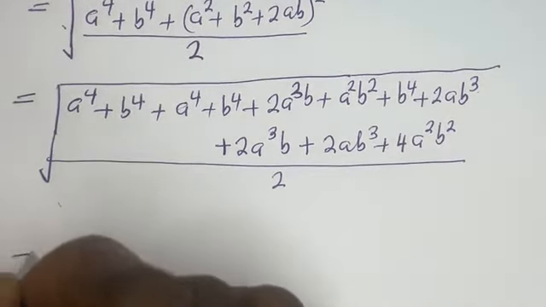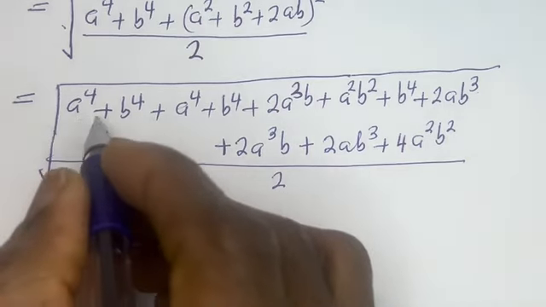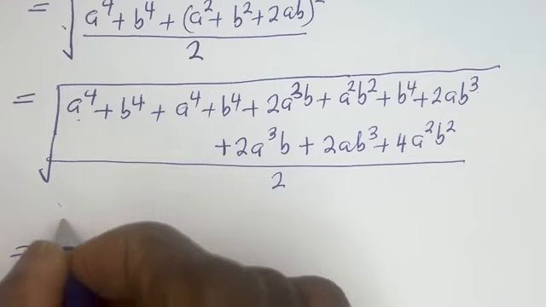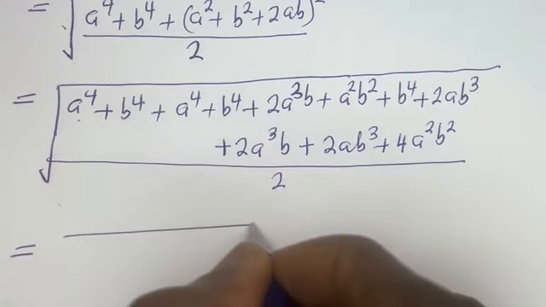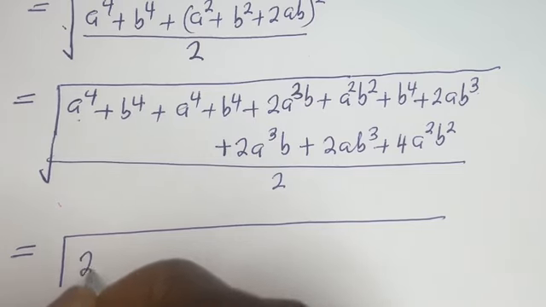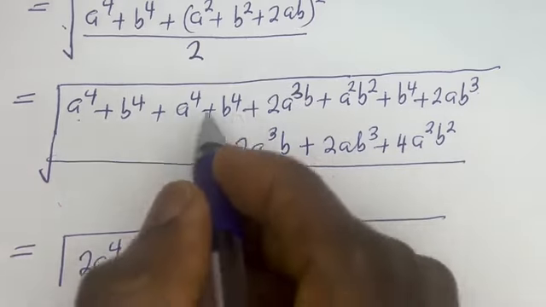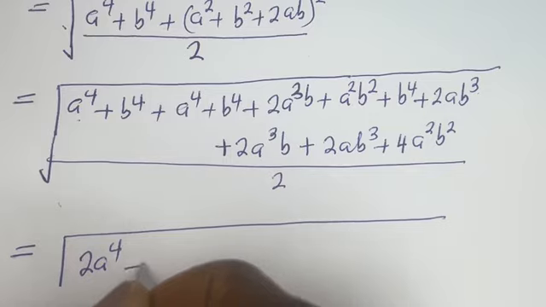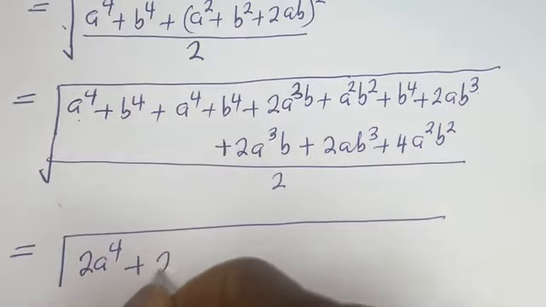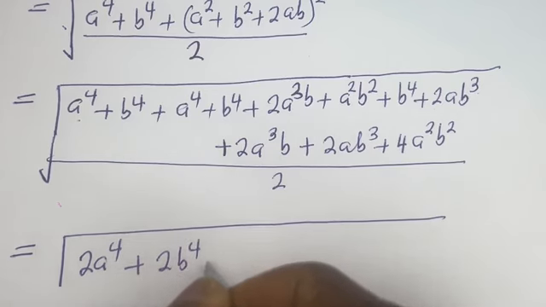Then this is equal to, from here we have A to the power of 4 here and A to the power of 4 here. This is square root of 2A to the power of 4. Then we also have B to the power of 4, B to the power of 4. We have 2B to the power of 4.